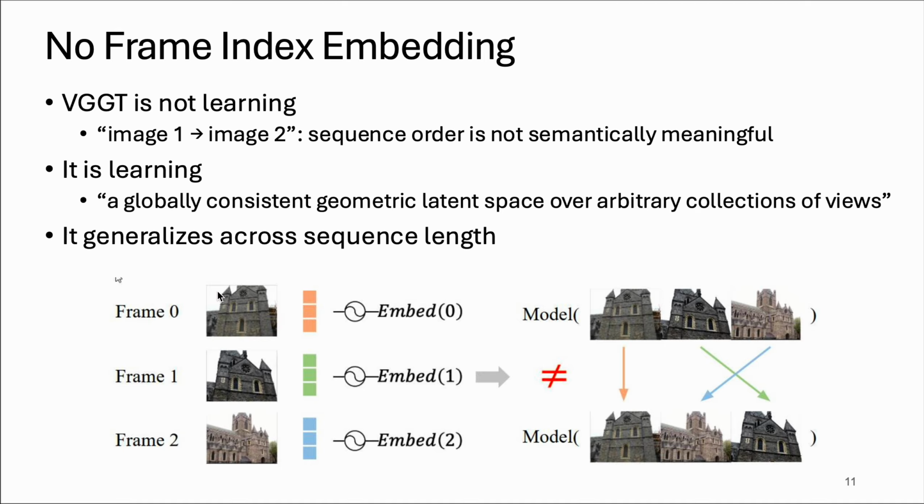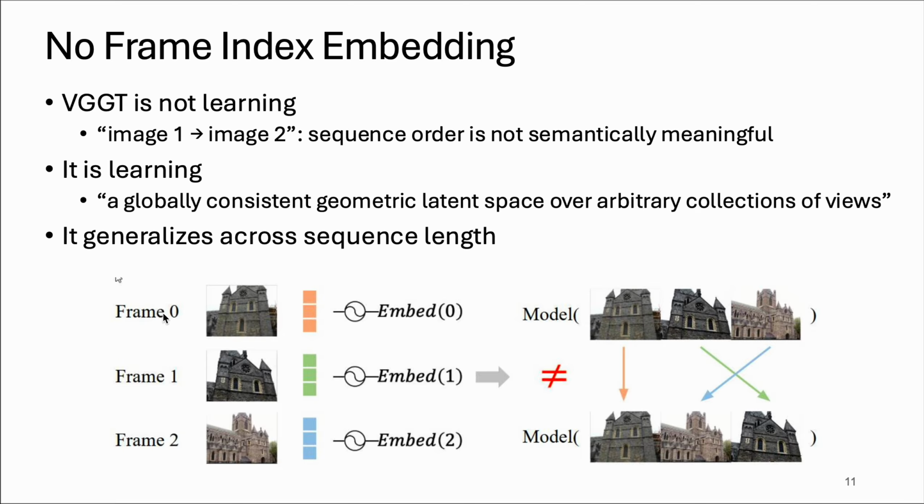The first patch always starts from the top left, and the second would be next to that first. But for this multi-view image sequence, frame 1 and frame 2 do not have semantic meaning, so we cannot add a positional embedding like position 0, position 1.